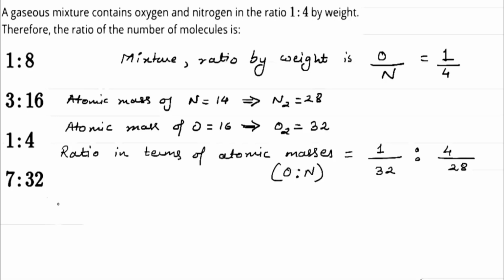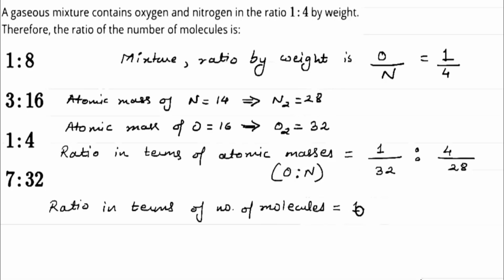Yes, Avogadro number. If you remember well, this mass, that is 28 and 32, is the mass of Avogadro number of molecules, isn't it? So let us proceed and give the ratio in terms of number of molecules. Avogadro number of molecules is going to weigh this much.